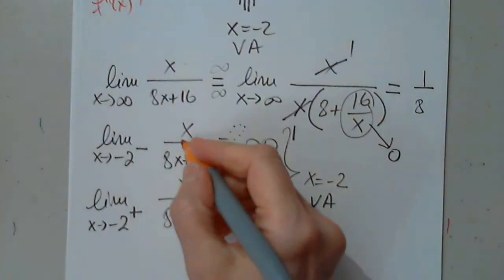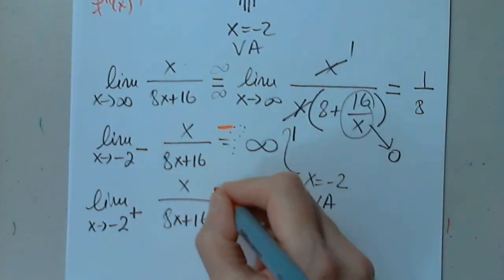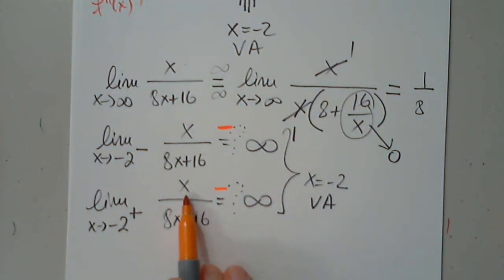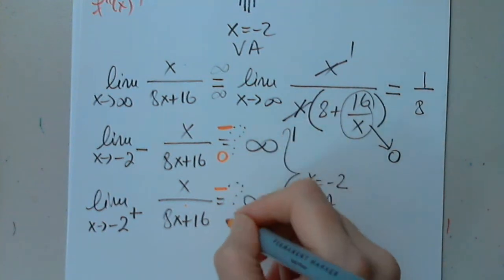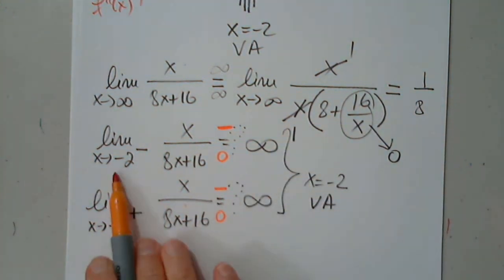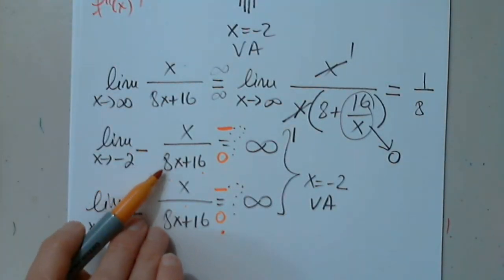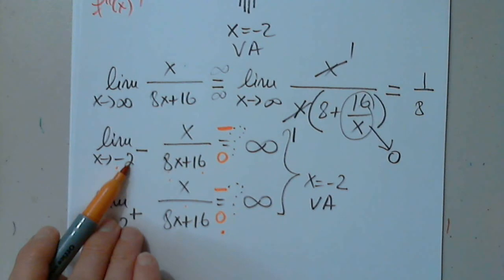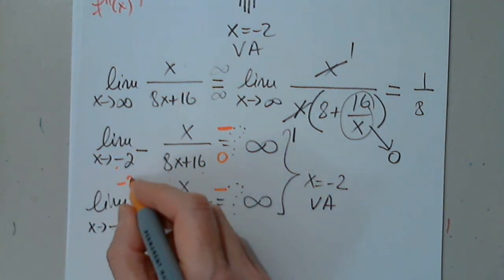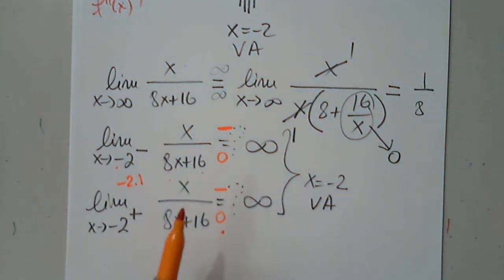So with -2, the numerator is negative. When I plug in -2 in here, I have negative. There is no discussion there. I know that the denominator is 0. No discussion there. -16 plus 16, obviously. But remember, I'm plugging in right now -2 from the left, like -2.1.